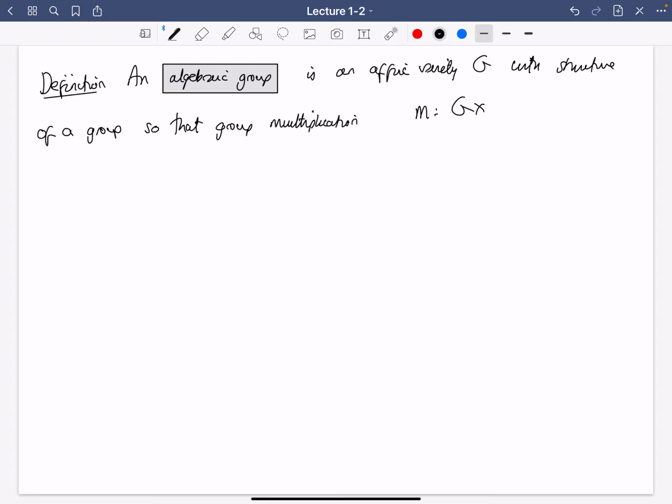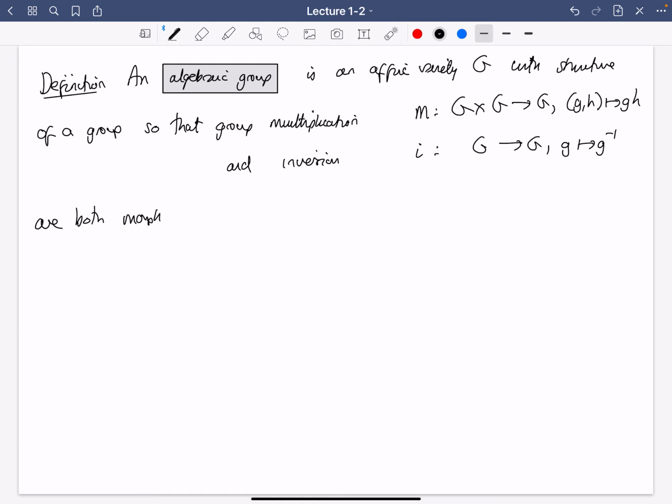That's just multiplication from G cross G to G, taking a pair g, h to their product under that group structure. And the inversion, I'm going to write I for that, which goes from G to G, taking an element to its inverse. I want these to both be morphisms of varieties.